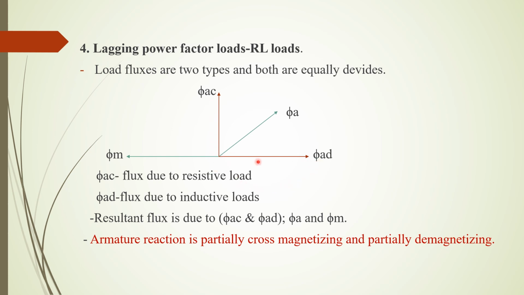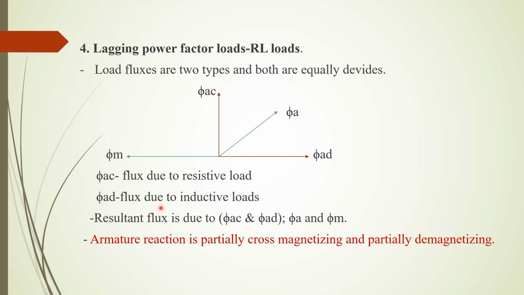So what is phi AC and phi AD? Phi AC is nothing but the flux due to resistive load. So flux due to resistive load will give you purely cross magnetizing effect. That cross magnetizing effect is indicated by the letter C.